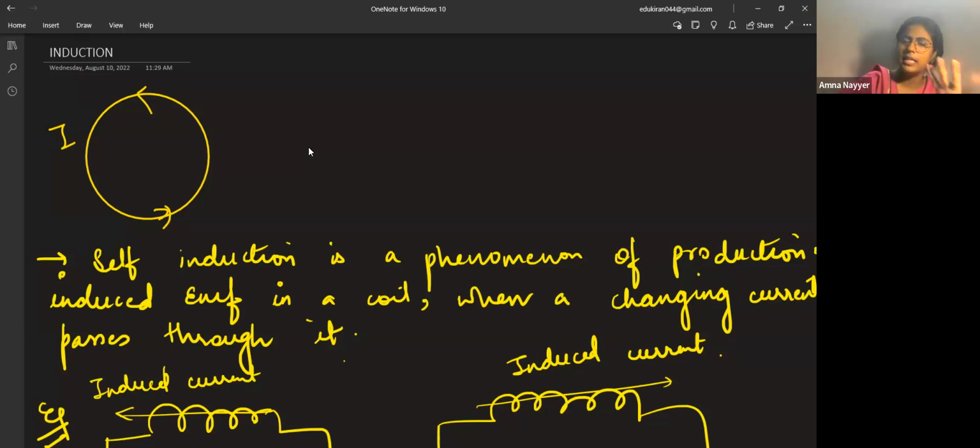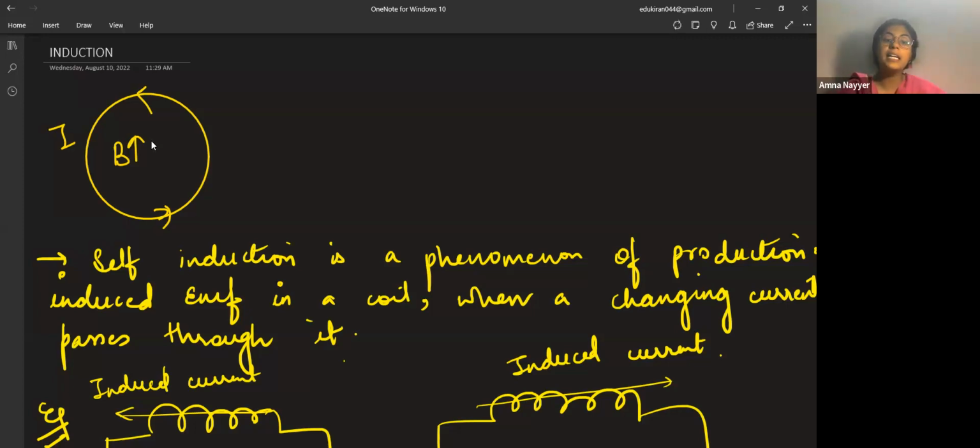A current carrying coil, carrying current in the anti-clockwise direction, and the magnetic field then starts increasing.